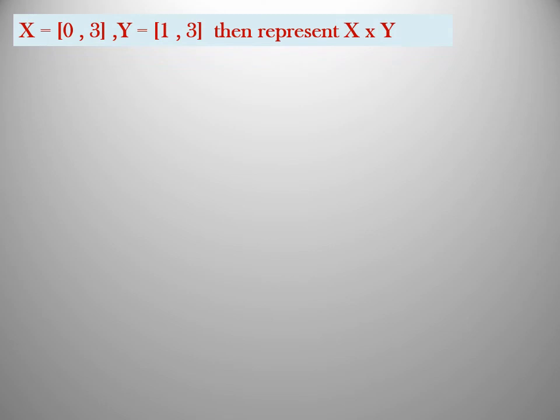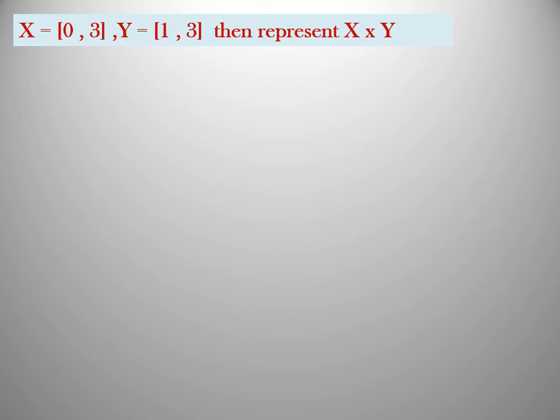Now, in this example, he said that x equals the closed interval 0 and 3. So I'm talking about real numbers. In integers, I said 0, 1, 2, 3, 4 because I'm talking about whole numbers. Here in real numbers, I cannot talk about some numbers.